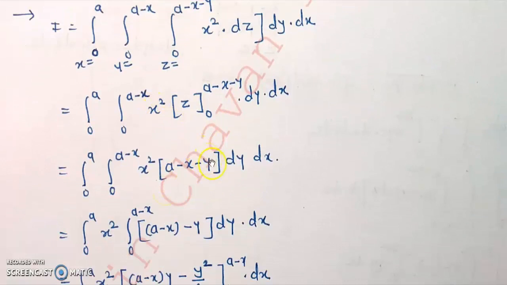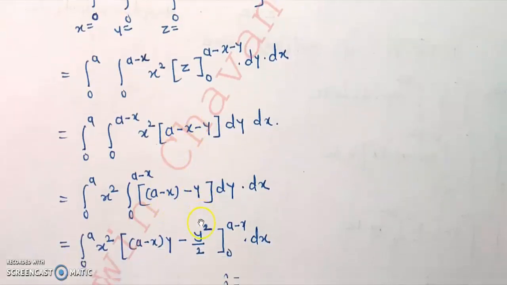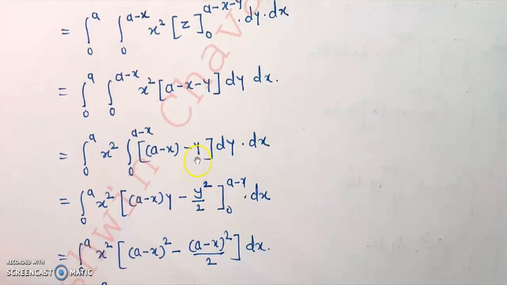Now with respect to y we have to integrate, so x square outside and a minus x minus y will be integrated. Again with respect to y we have a minus x as constant, so it is taken into one bracket and minus y, so that we can integrate easily. Its integration is a minus x into y, as a minus x is constant, and y is y square by 2 in the limits 0 and a minus x.